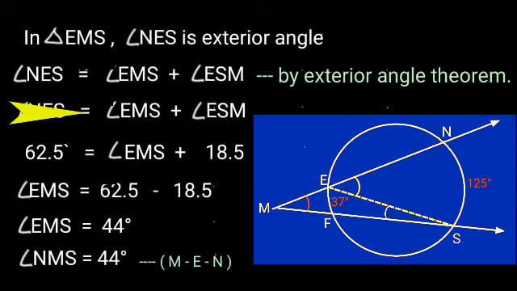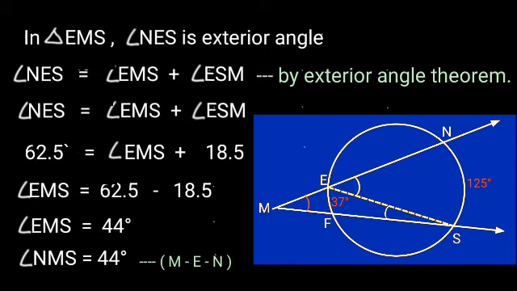Substitute the values: 62.5 degrees equals angle EMS plus 18.5.